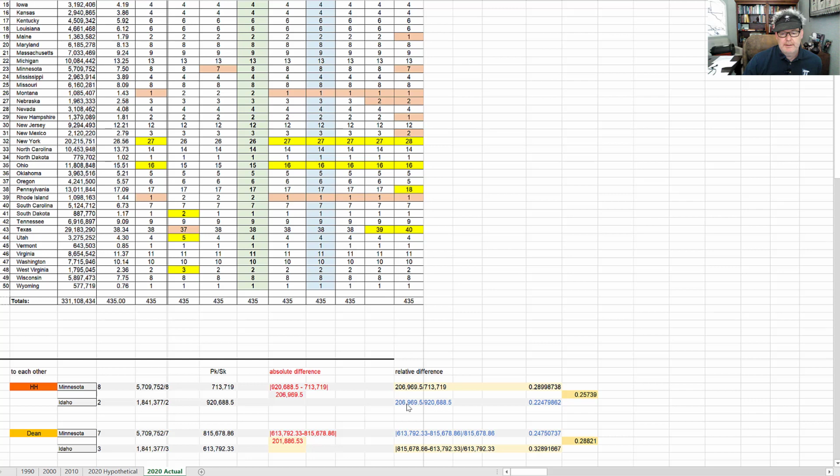I also divided that absolute difference by the other state's population, the bigger state, so of course that's a smaller number, and divide this absolute difference by the bigger state's people per seat, got this value. And of course this one's bigger as well, maybe not of course, but also the average for Huntington Hill is going to be small.